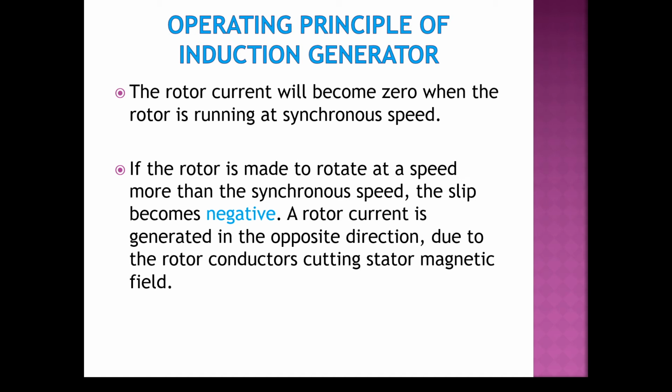If the rotor is rotating at a speed more than the synchronous speed, slip will become negative, and the rotor current now is in opposite direction because conductors are cutting the stator magnetic field. Okay. Now in the negative slip region, the machine will act as an induction generator.